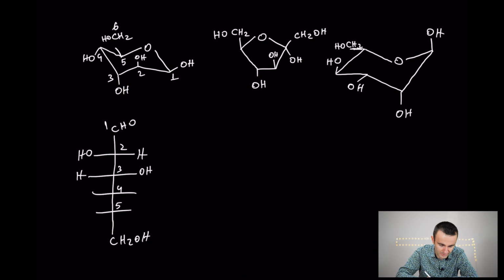And this is hydrogen. For the fourth position, this is down, it's going to be here. I mean for this one. And for fifth position, because this is up, this means that it's a D sugar, and it's going to be on the right side, right?